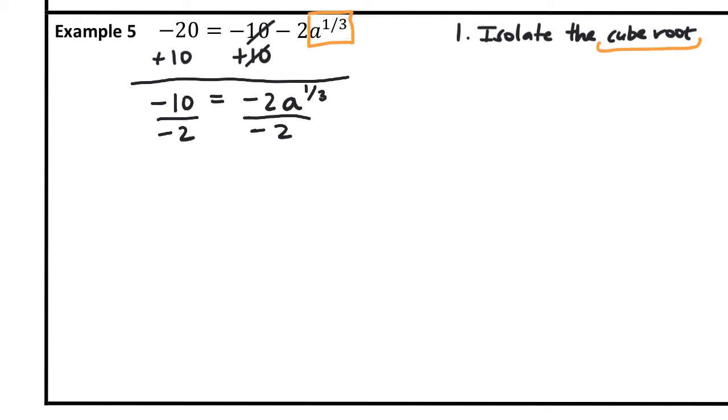And so that gives me -10 divided by -2, that's a +5. These cancel, and I'm left with a to the power of 1/3. And I'm going to rewrite it just a bit. You can keep it in the order that it is right there, or you can rewrite it like I'm doing now. But this would be step 1.